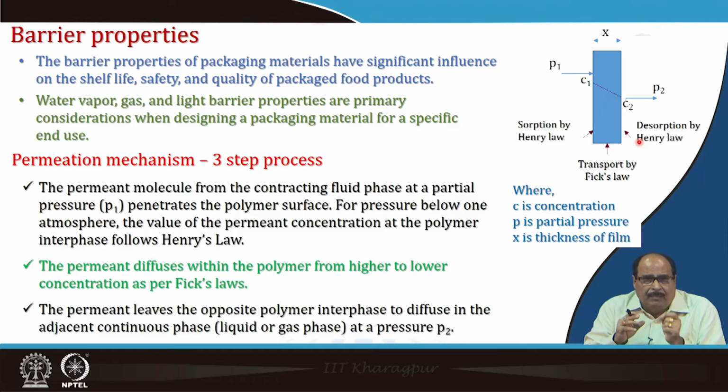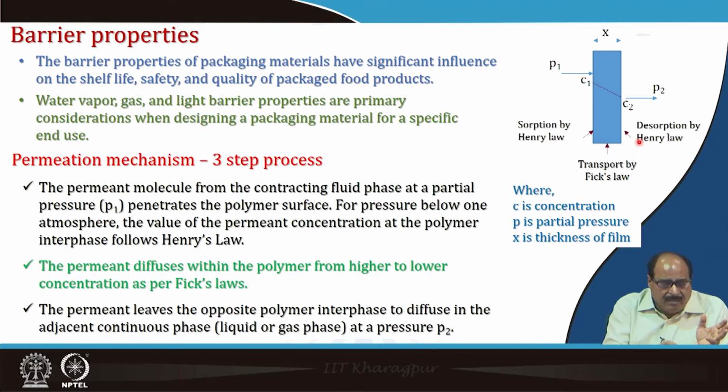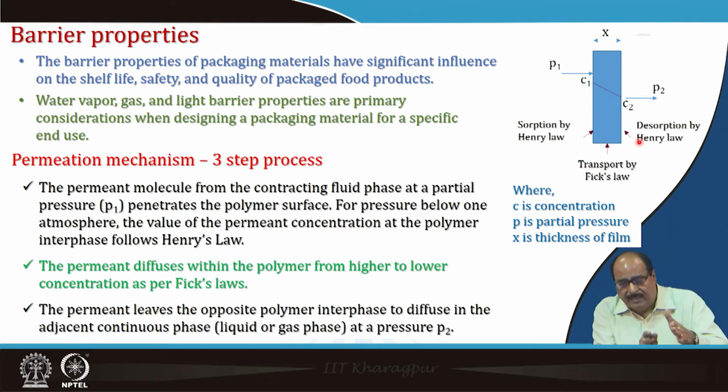The permeation mechanism is a 3-step process. First, the permeate molecule from the contacting liquid phase at a partial pressure P1 penetrates through the polymer surface. For pressure below 1 atmosphere, the permeate concentration at the polymer interface follows Henry's law.